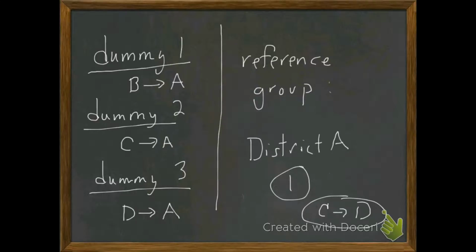Well, this model isn't going to allow you to do that. So if you want to do that, you would have to come in with another model, set your reference group as, for example, C or D, and go through your dummy coding appropriately.